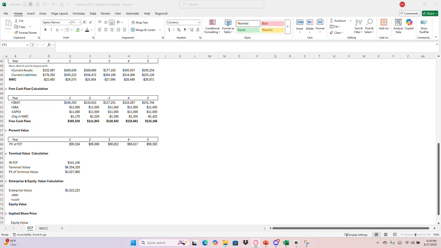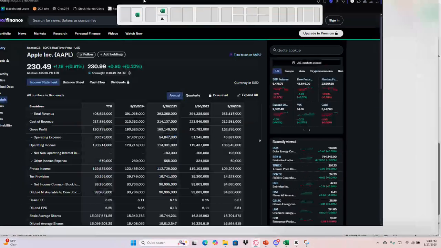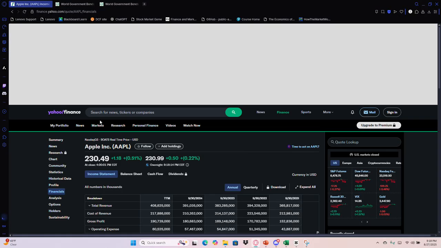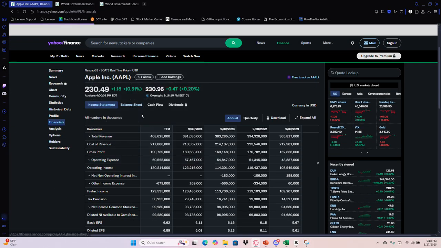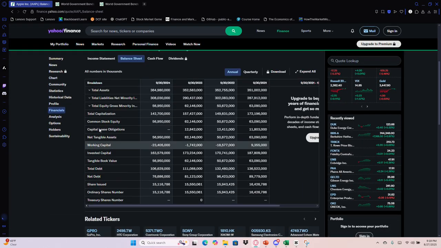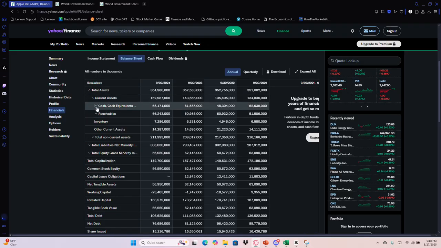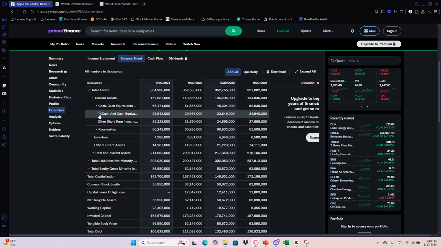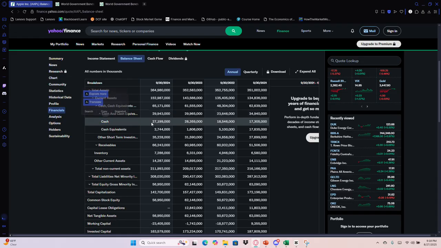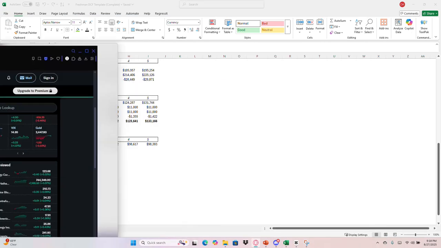To do that, we're going to go over here to the financials of Apple, and go to their balance sheet. We have our total debt listed, but we don't have our cash. So to find our cash, we're going to go to current assets, cash and cash equivalents, and then drop this down until we see just cash. And we see that as 27,199.